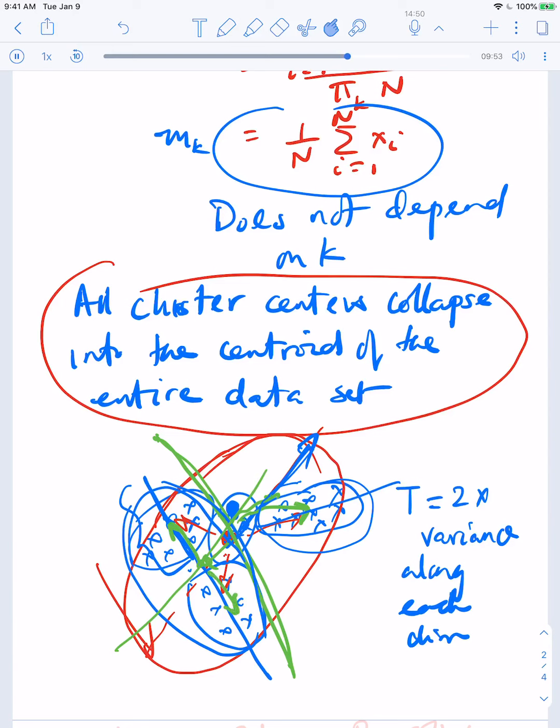So as we lower the temperature, we keep getting these splits. Basically, a small perturbation of a current cluster center, once I get below critical temperature, will cause it to split off into two very different cluster centers, like I've shown here, and form new clusters.